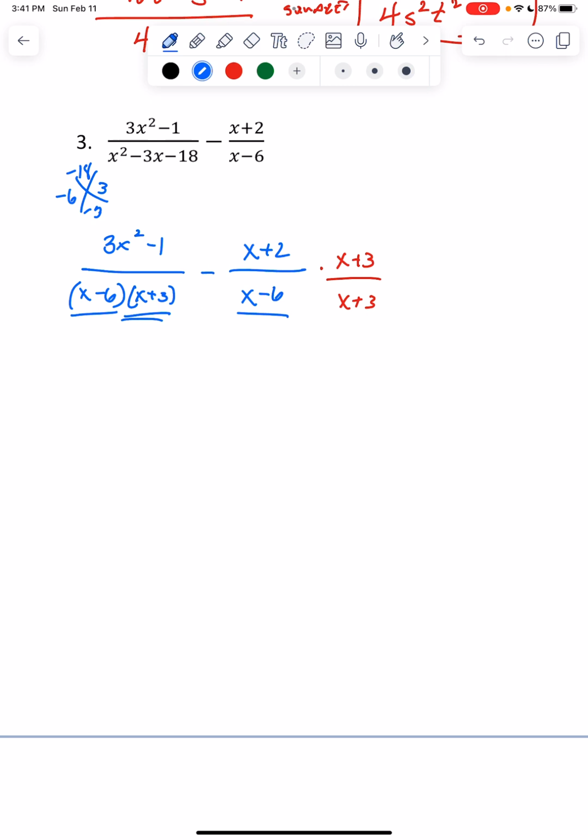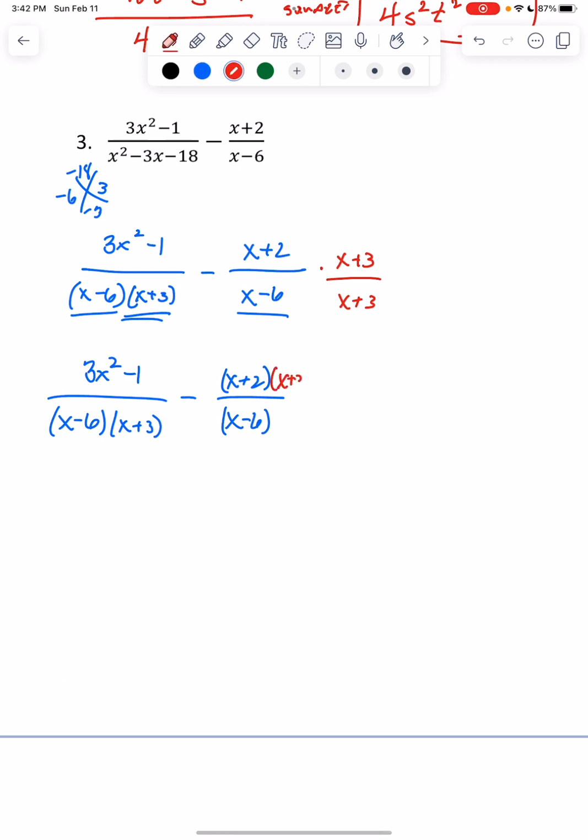So that's going to give us 3x squared minus 1, right? We're going to end up with that. So now they have the same denominator, so we can combine it into one fraction.